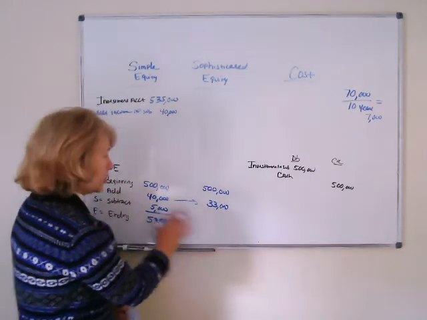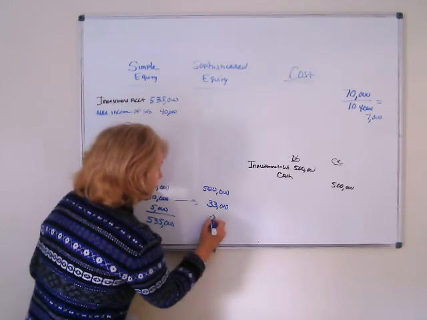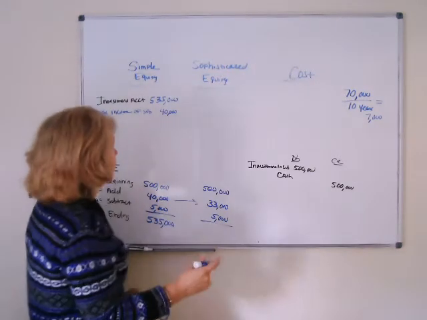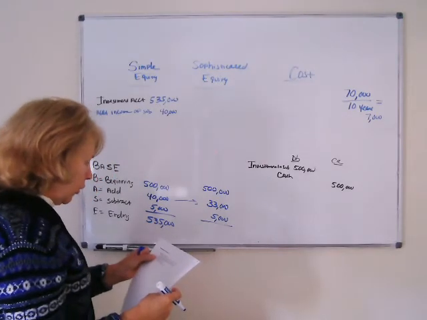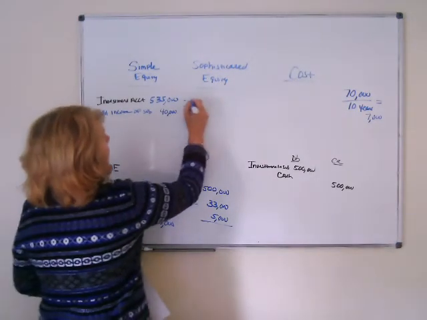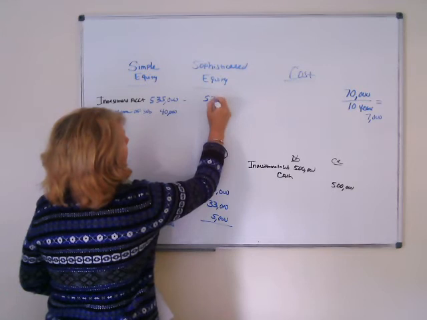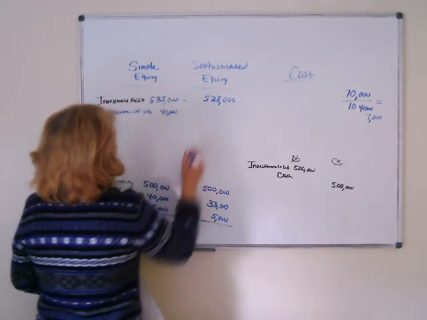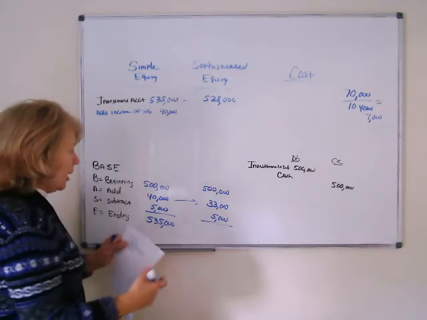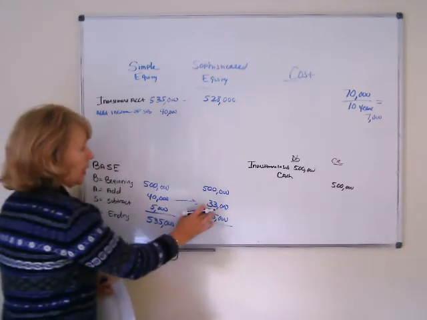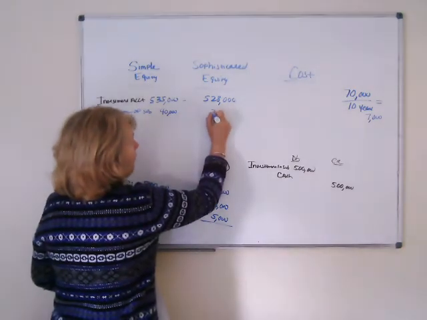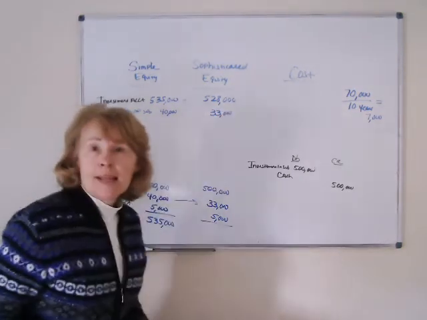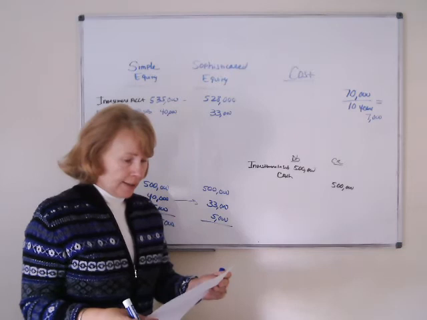Next, you'll still subtract out any dividends. However, when it's the sophisticated equity, your answer to the investment account is 528,000, not 535. Your answer to the net income is not 40, it's 33,000, because you subtract out amortization. That's going to decrease your net income.